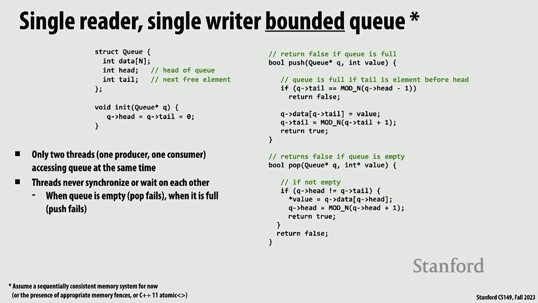And imagine you're doing it with just 2 threads. The pusher thread is just incrementing the tail. The popper thread is just incrementing the head. So you don't have 2 threads ever accessing the same variables, and this code is thread safe with 2 threads. Okay? And I'll stop there.